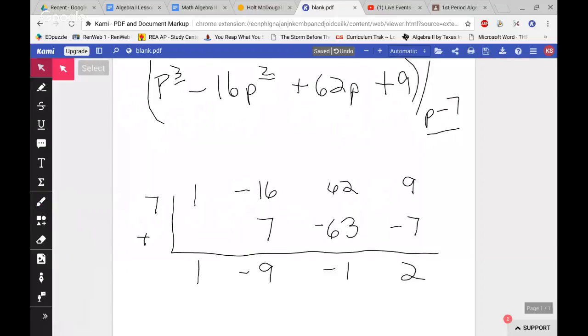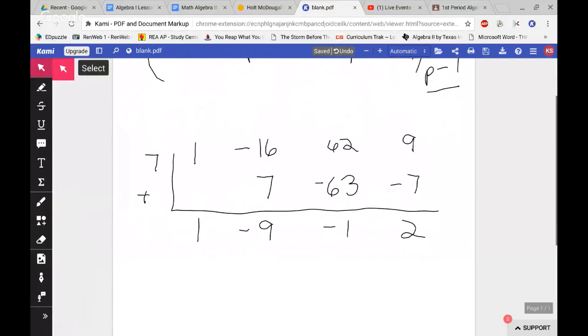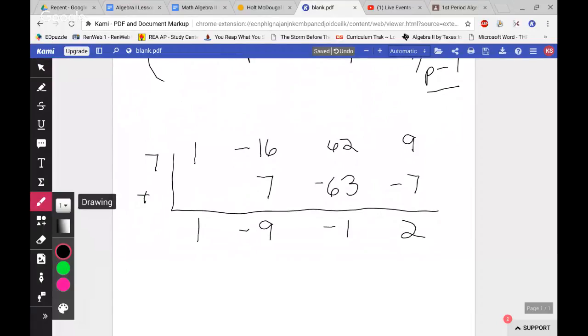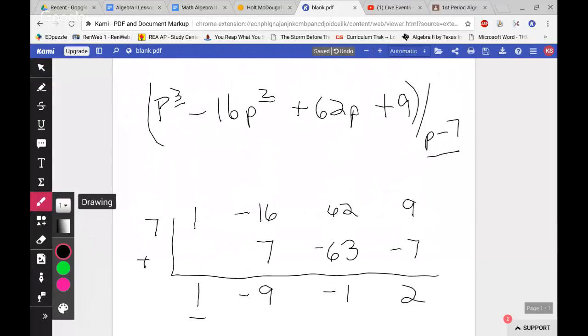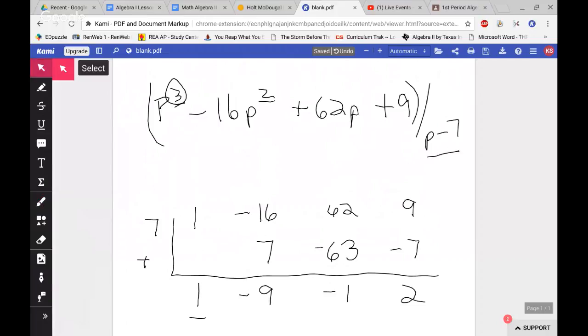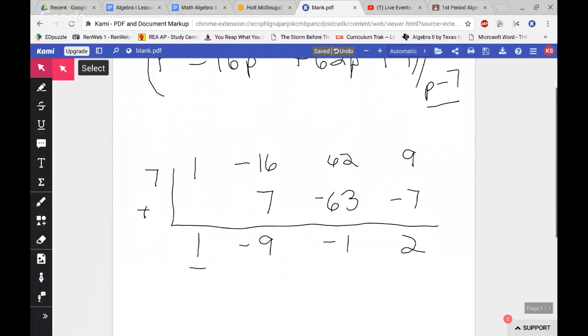So to write my answer then in polynomial form, I will start here, and let me roll this back down real quick. I start with my very first number here that I got, this 1, but I'm going to go 1 degree smaller than that p cubed for my answer. Okay? Does that make sense? Yes, ma'am. So then, because this is a 1, it's understood in front of it.